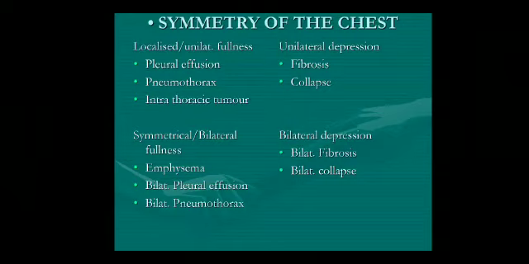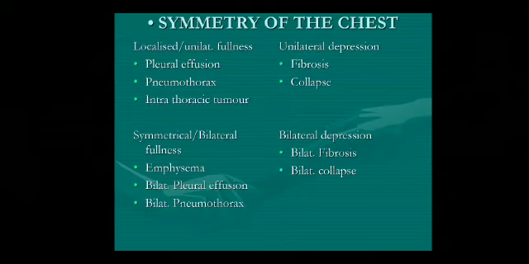You may see bilateral depression if there is bilateral collapse of the lung or bilateral fibrosis, and you will see bilateral bulging in bilateral pleural effusion or bilateral pneumothorax. All these are the causes for asymmetry of the chest.